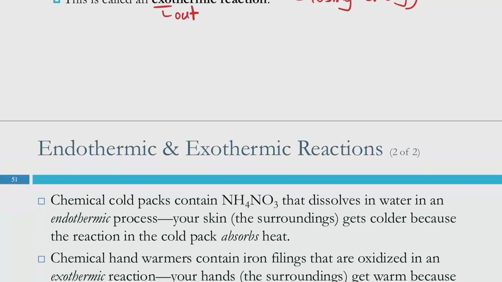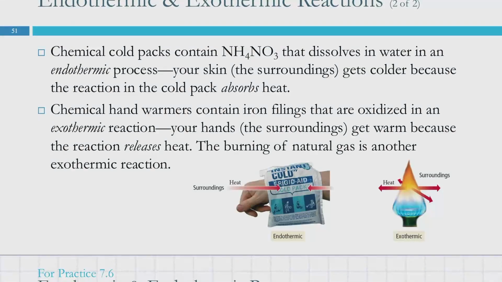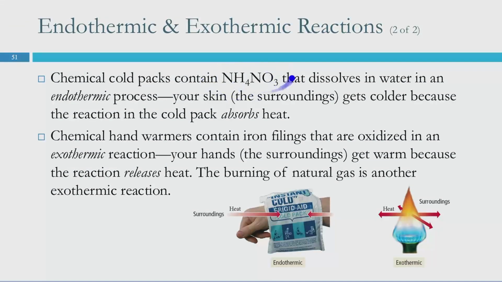Chemical cold packs often, probably usually, contain ammonium nitrate, and ammonium nitrate dissolves in water as an endothermic process. Because it's an endothermic process, it absorbs energy. Energy goes into the process. It uses up rapidly a lot of the energy around it. And so your skin, the water in the cold pack, whatever the surroundings are, get colder because that cold pack absorbs heat. The way that the ionic compound dissolves causes it to absorb heat, and that causes the temperature to decrease rapidly.